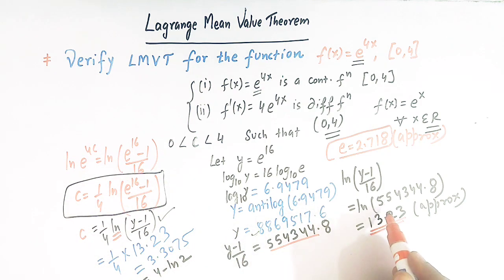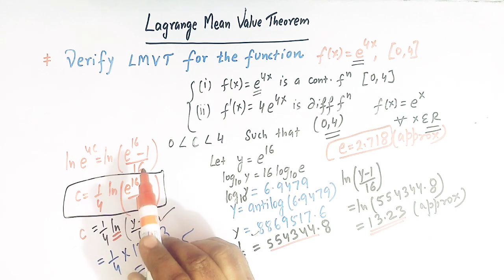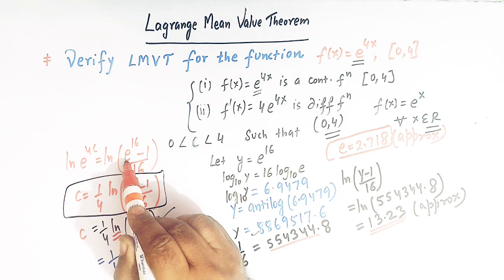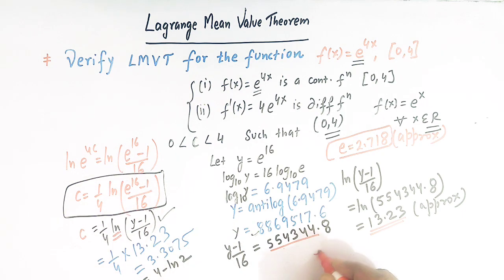So by this calculation and by the earlier calculation, we can easily conclude that there is no harm in neglecting this 1 with respect to e raised to 16, right? It means e raised to 16 minus 1 can be approximated as e raised to 16 for our calculation. If we make all these calculations, we'll arrive at the same result with a very small difference.